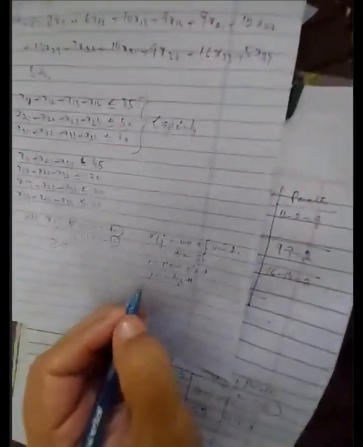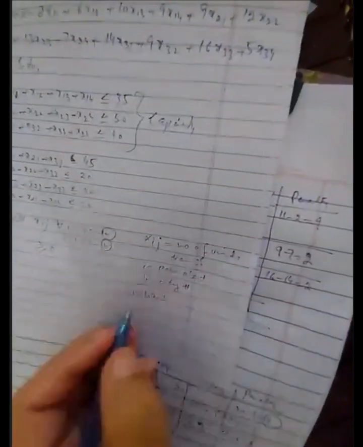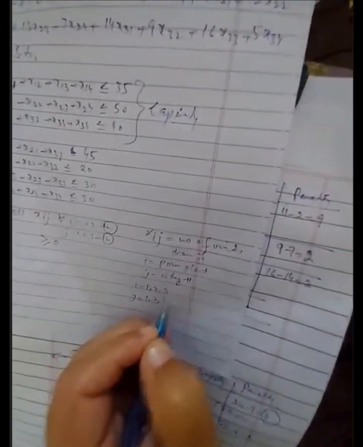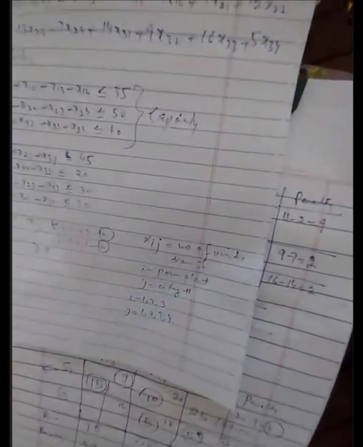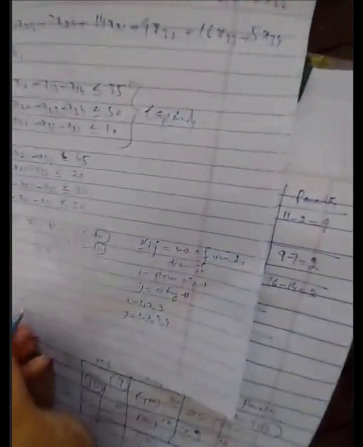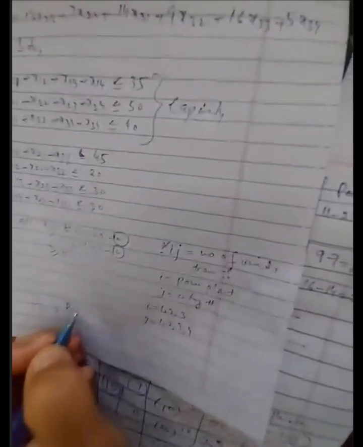Okay, so now in this one, i is equal to 1, 2 and 3 because we have 3 power plants, and j is equal to 1, 2, 3 and 4. Now X11 will denote from power plant 1 to city 1.